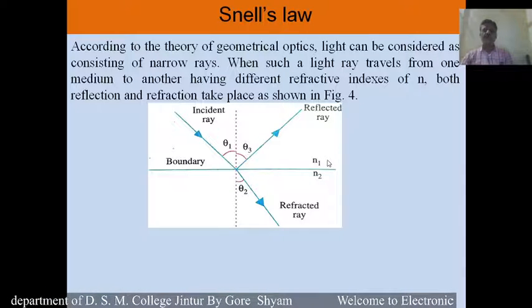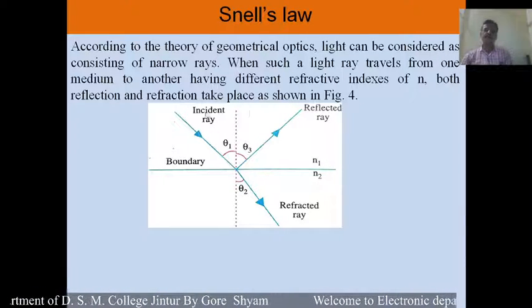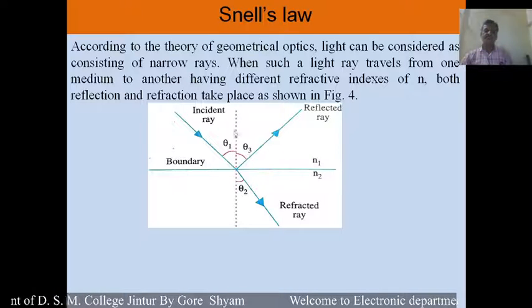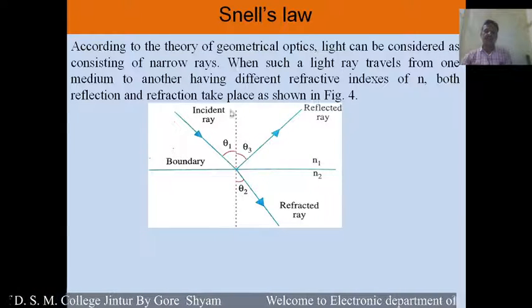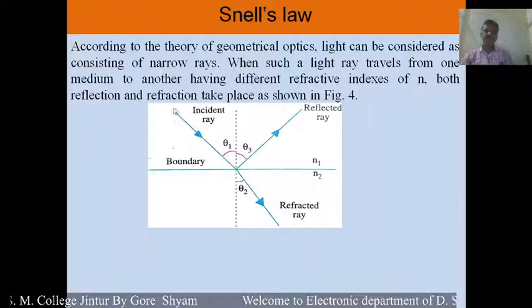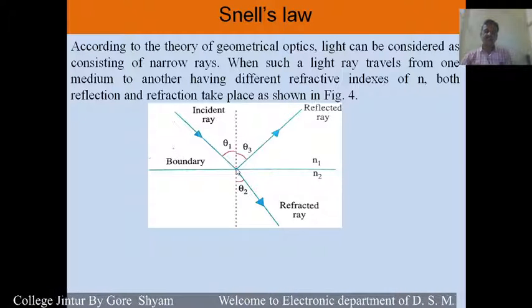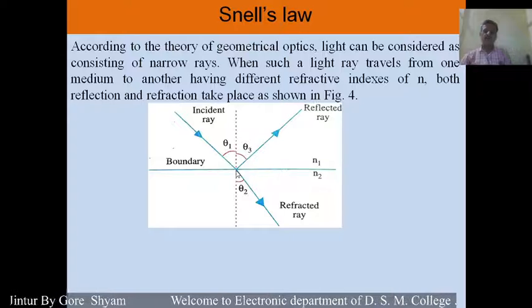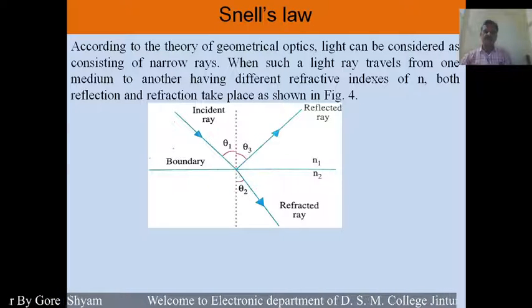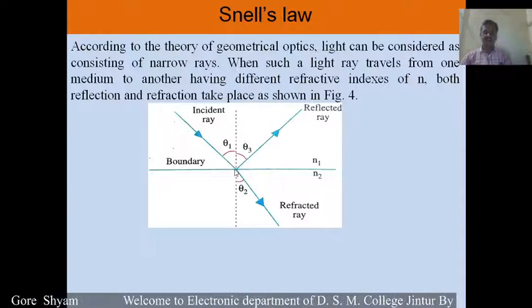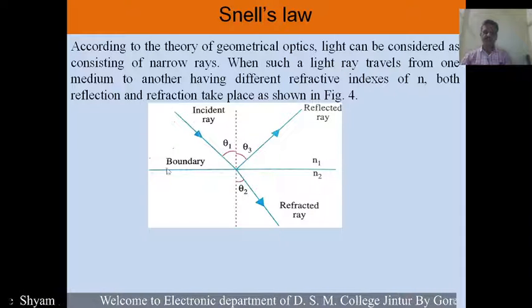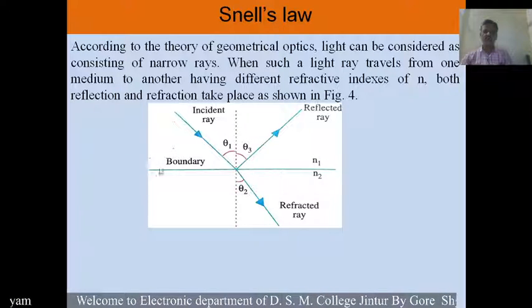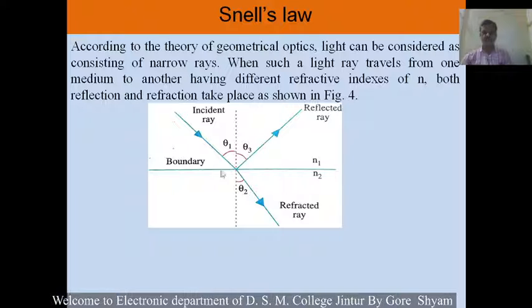Okay, and here this is the normal, and suppose the light is incident on this surface of the denser medium. Here this is the interface where the two mediums meet together.